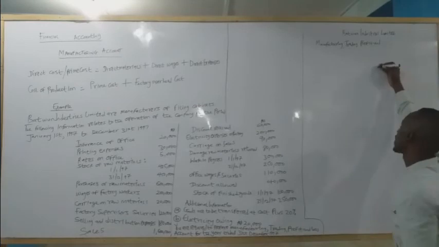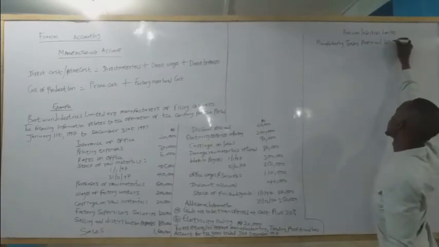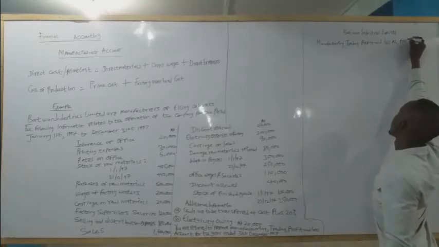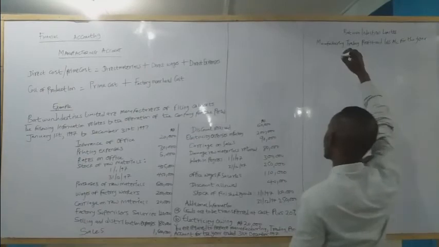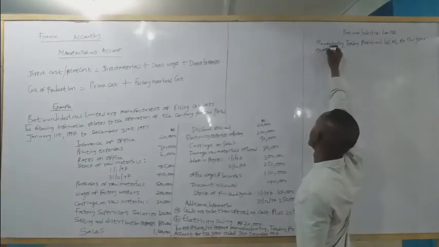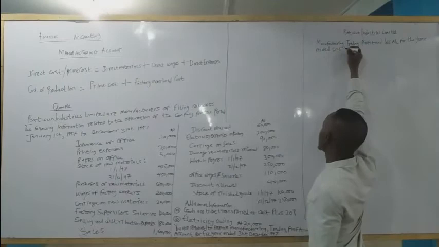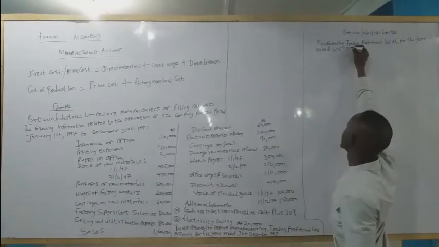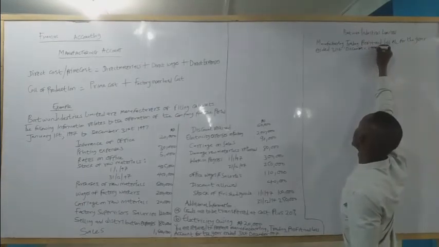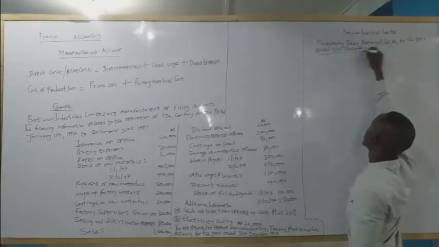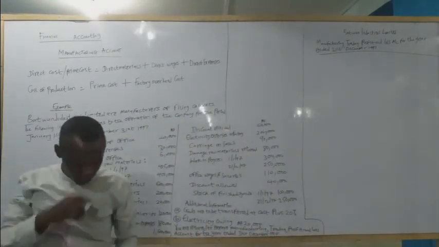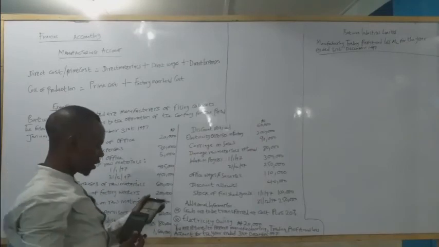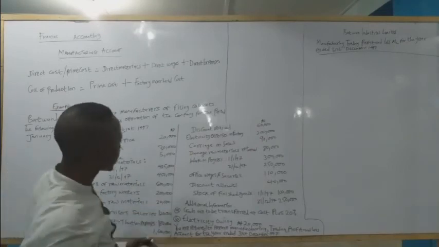Manufacturing, trading, profit and loss account for the year ended 31st December 1997. So quickly, we are going to scale through.